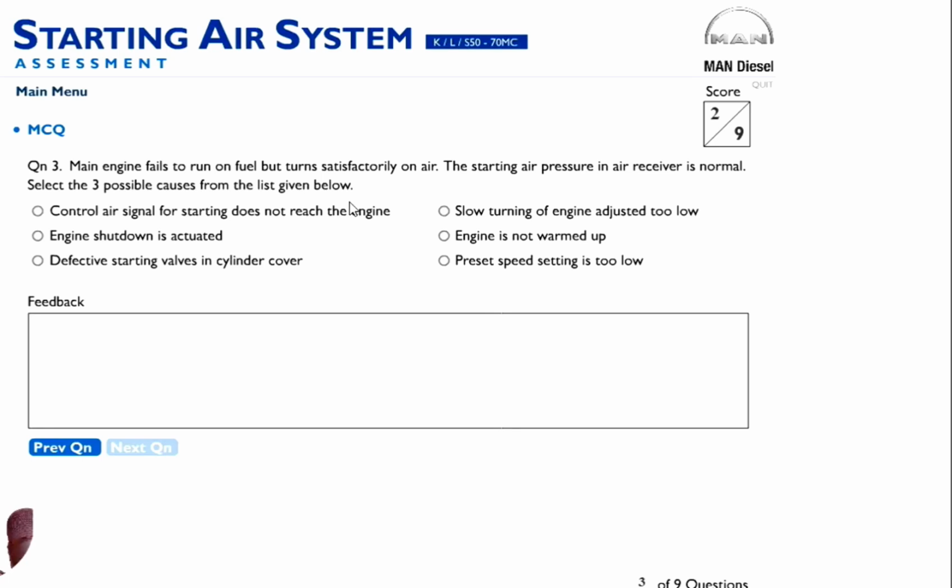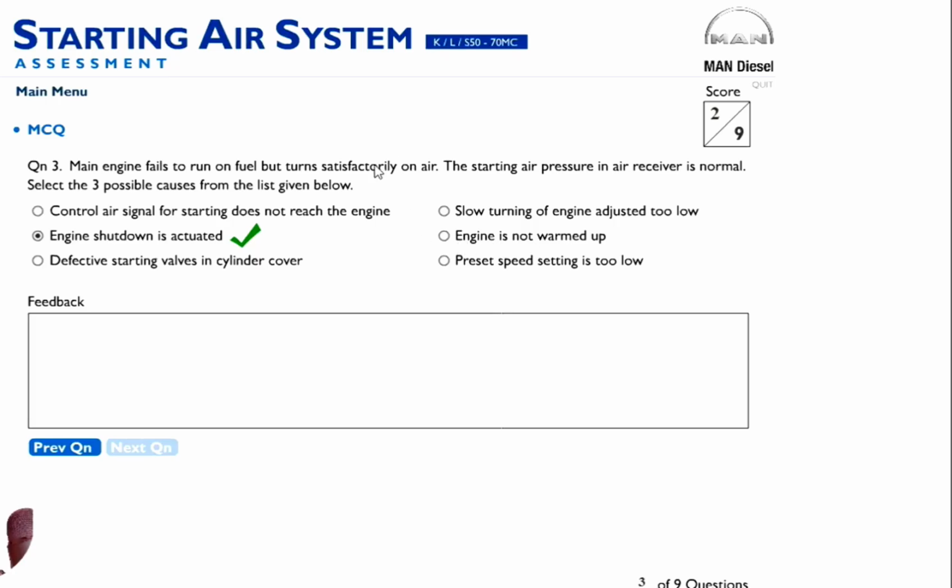Okay, engine shutdown is activated. Defective starting valves in cylinder cover. Okay, all the starting valves cannot be defective, okay? Some of them will work for sure. Okay, I will select engine shutdown activated. Slow turning of engine adjusted too low.